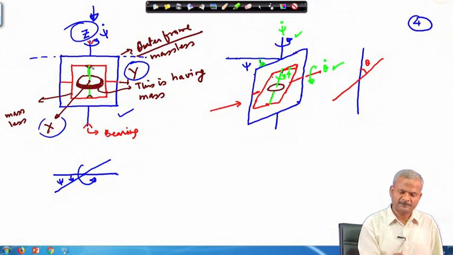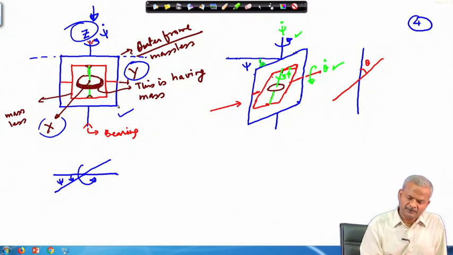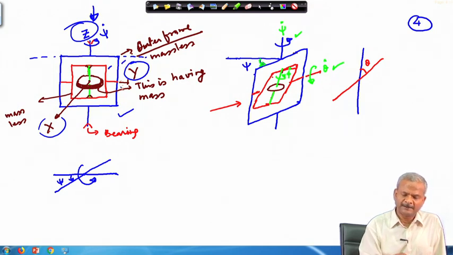These two frames, shown by red and blue, are right now in the same plane. If I now rotate the external frame, which is the blue one, by the psi angle, it will look something like this. From this position it has rotated to this position.